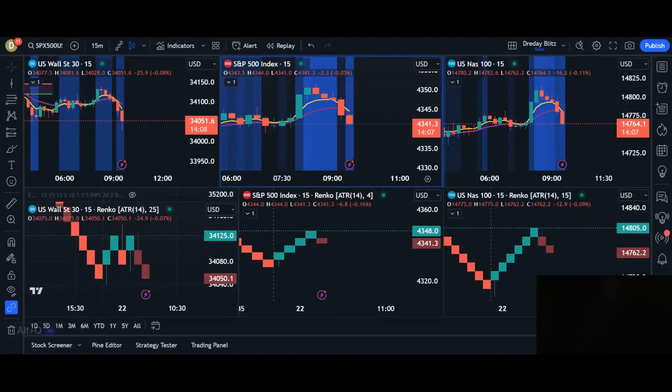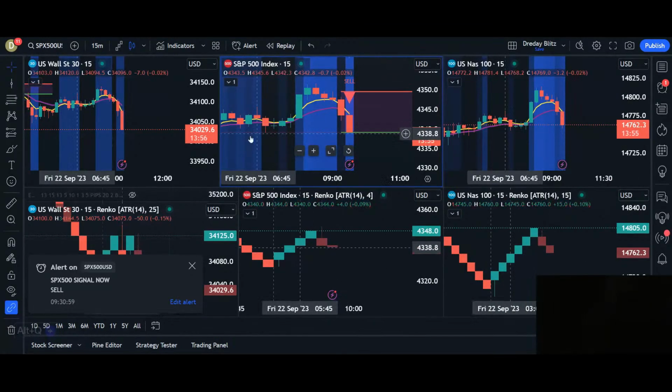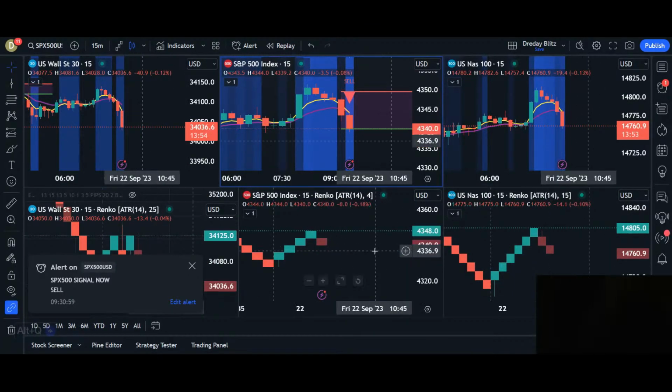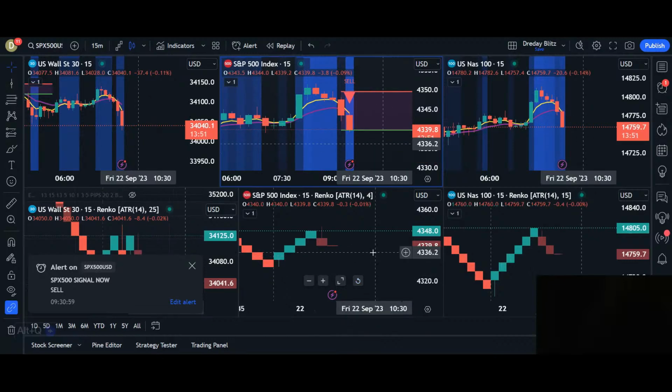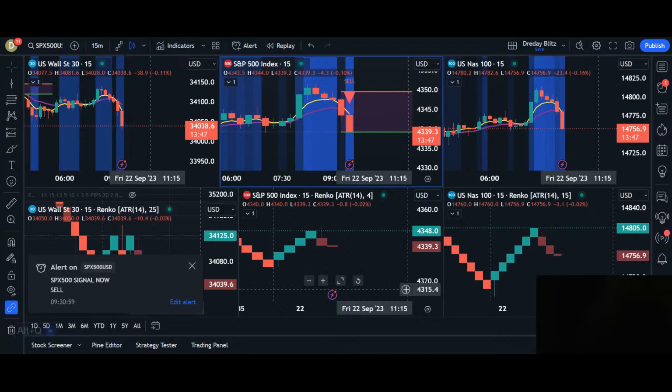If you have a prop firm account or a broker that doesn't allow news events, make sure to avoid the news if they don't allow the news to be traded. Right now we have S&P 500 as a sell.